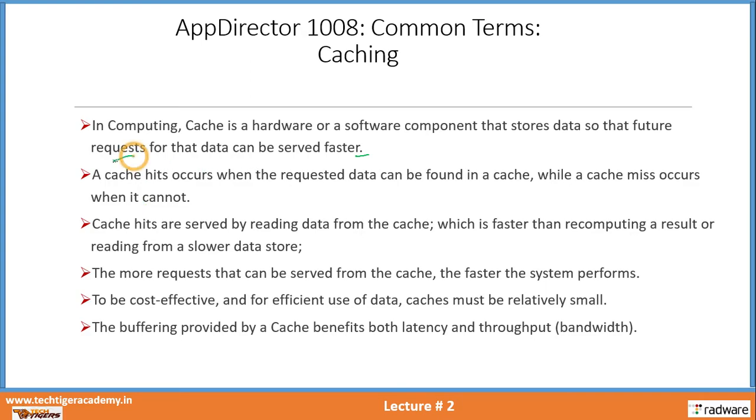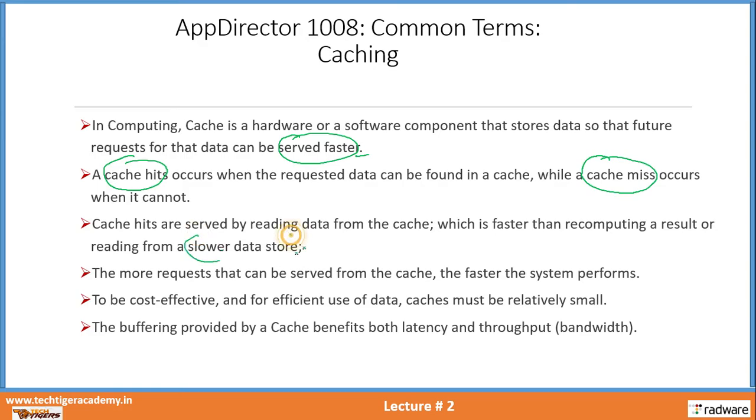So we have cache hits and cache misses, and it's for serving faster. Cache hits are served by reading data from the cache, which is faster than recomputing a result or reading from a slower data store.